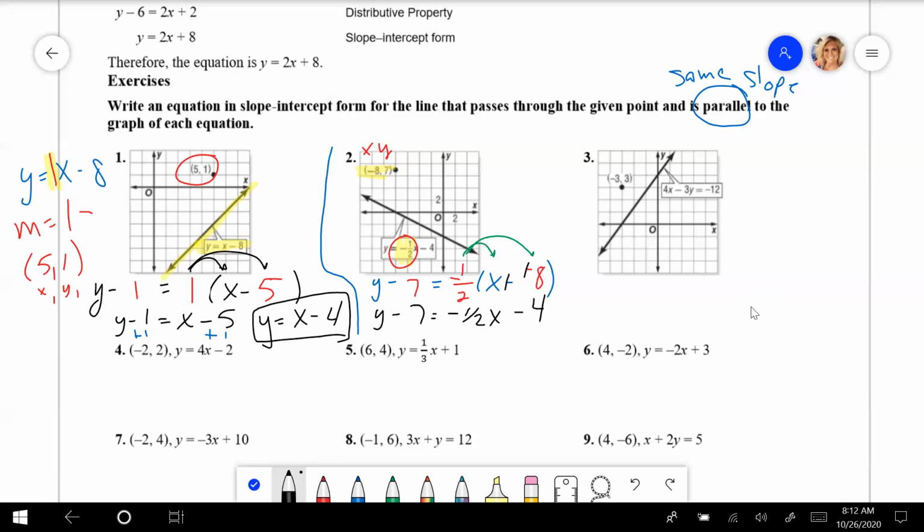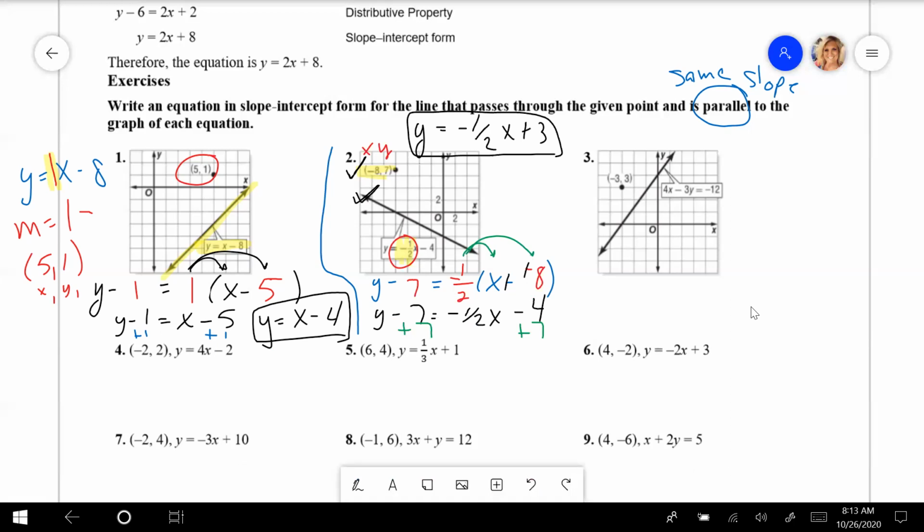You're still not done. You have to get the y by itself. So I have to add 7 to each side. And I get, let me write it up here, y equals negative 1/2 x plus 3. This is the equation that goes through this point and is parallel to this line.